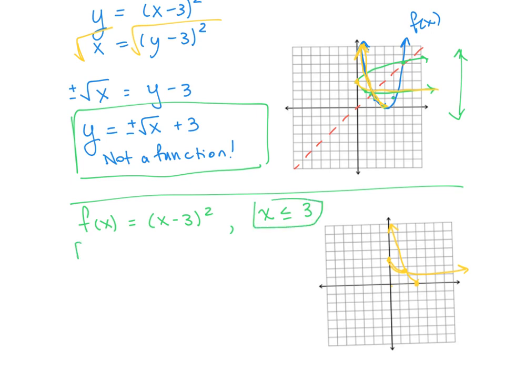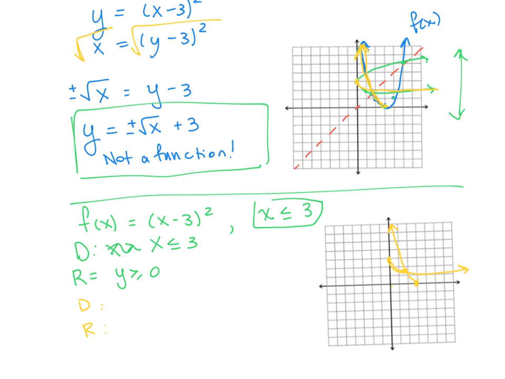They said instead of letting the domain be all real numbers, let the domain just be x is less than or equal to 3. Then the range, if I look at my function, is y greater than or equal to 0. It's all positive values.